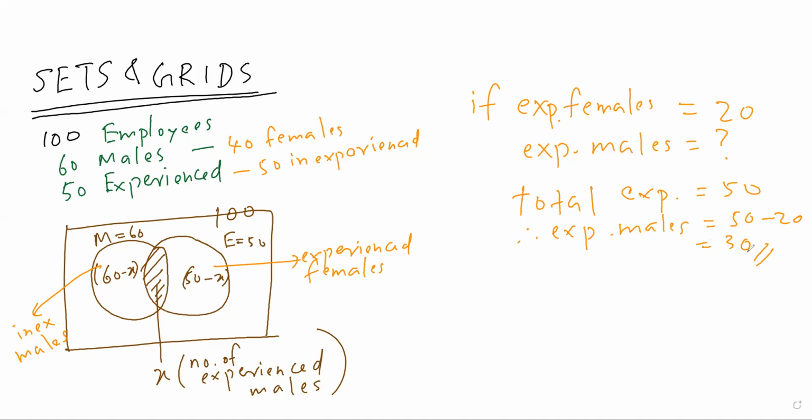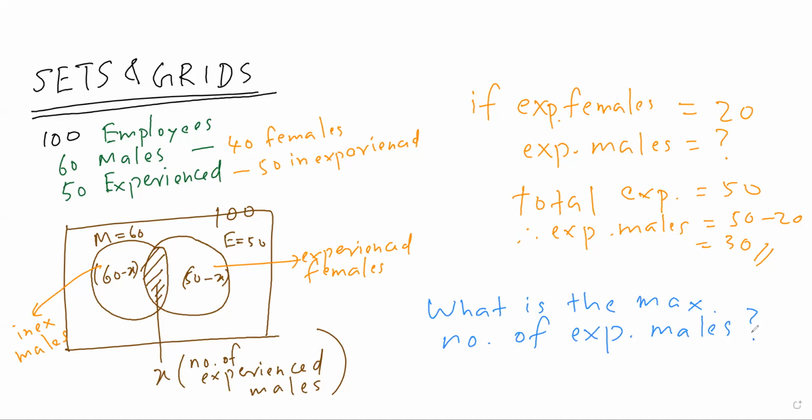Now the question here is not just the experienced males, but I will tweak the question so that it will be a different issue. Okay, so I would ask this question in a different way. I would ask, what is the maximum number of experienced males?